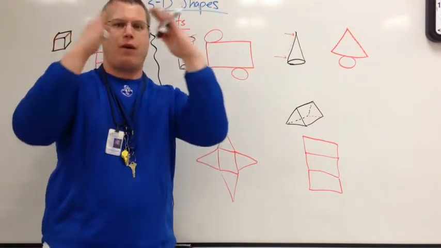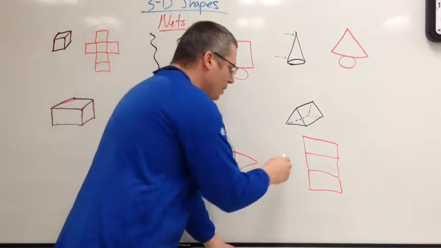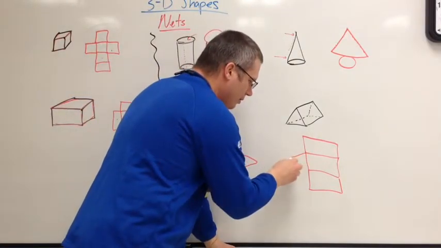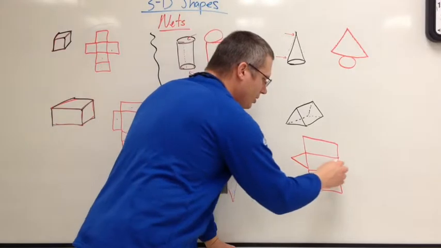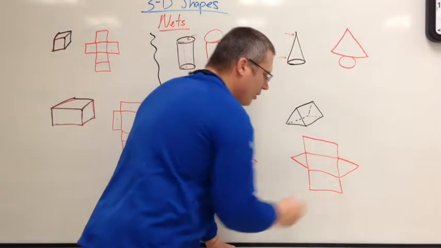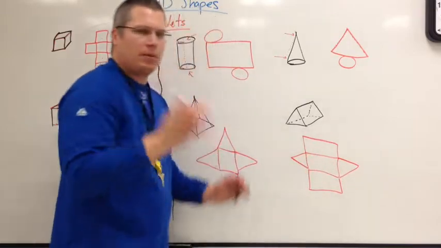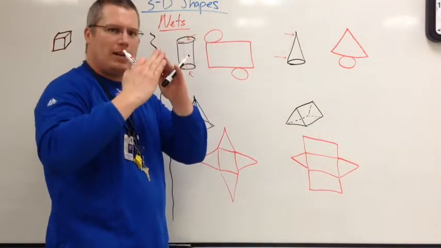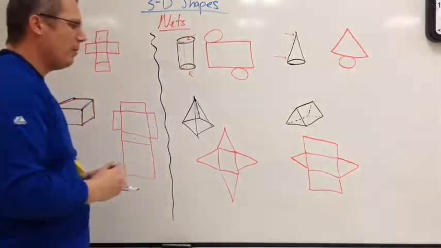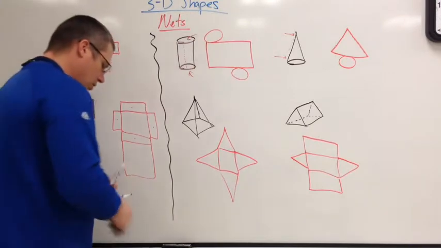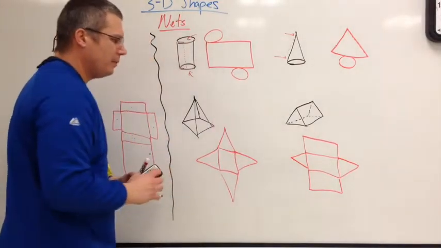Rectangle, rectangle, folds up to angle to make the tent. What's the front of the tent? Triangle. What's the back of the tent? Triangle. So when my triangle folds up, two rectangles fold in, I get a triangular prism.